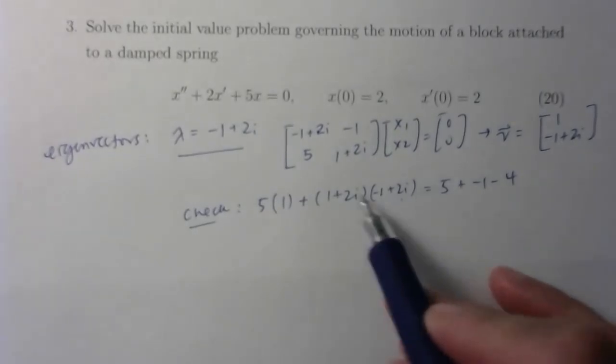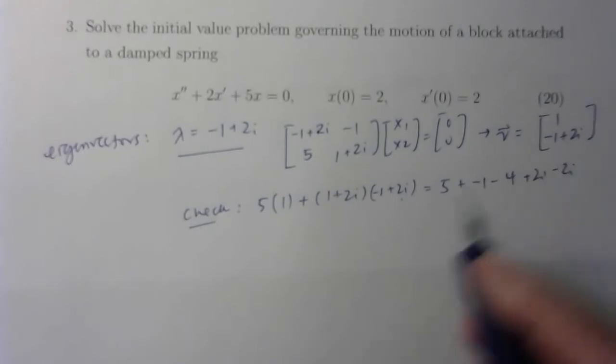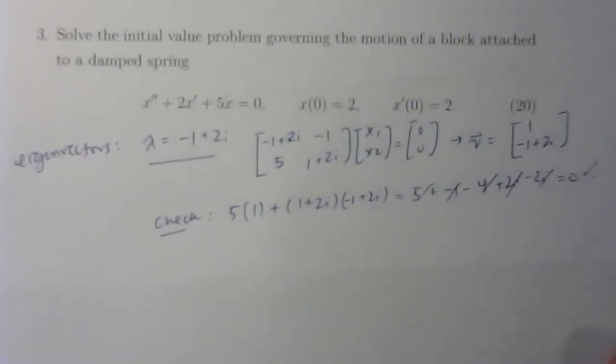Oh, right, and then I have plus 2i and minus 2i. This one times this one. Great. So that equals 0. Check. So that's going to be my eigenvector.